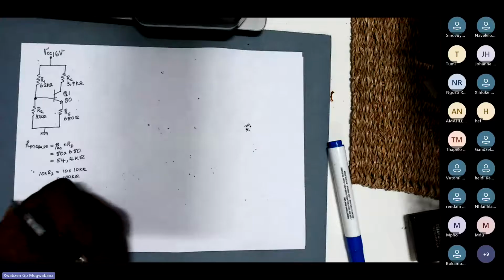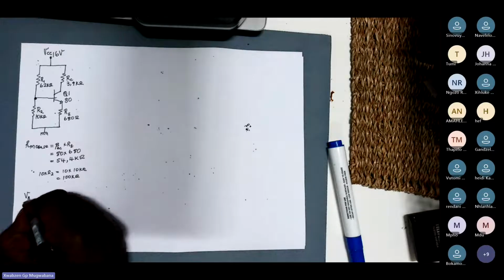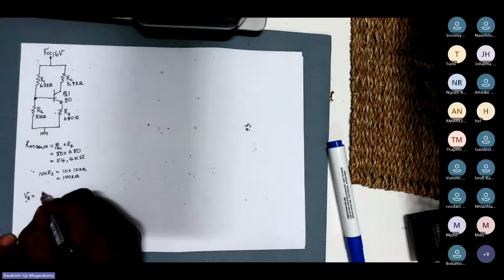If your transistor is not stiff, which means now your VB will be a VB of what?